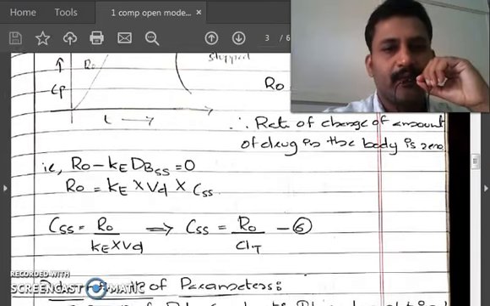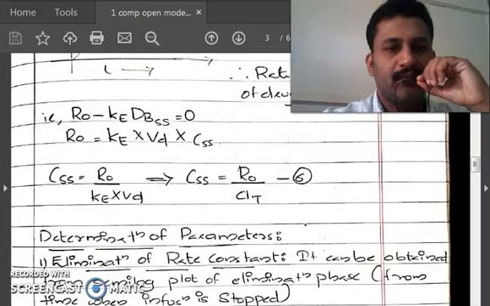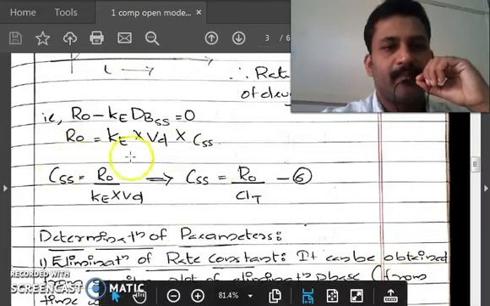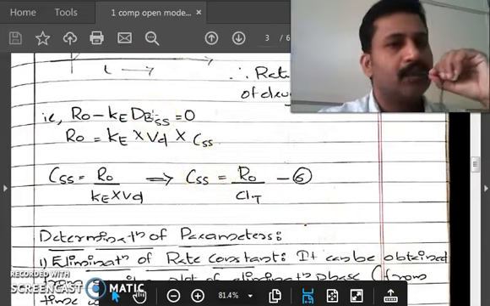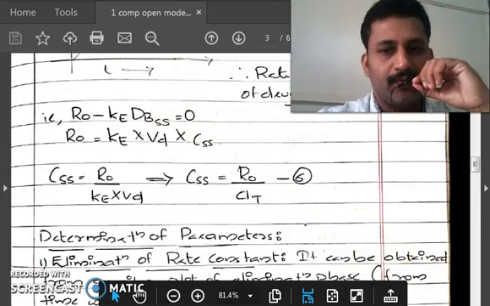So finally, after derivation, we got CSS is equal to R0 by K into Vd, or CSS is equal to R0 by CLT. That is the sixth equation. So you got the equation for steady state and the equation for after IV infusion. We got two equations.